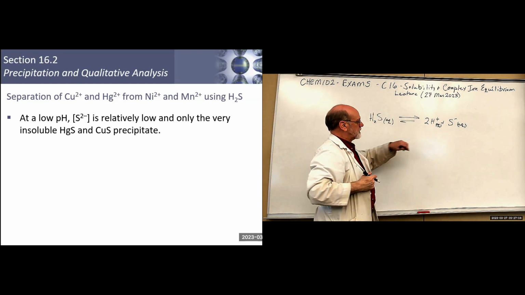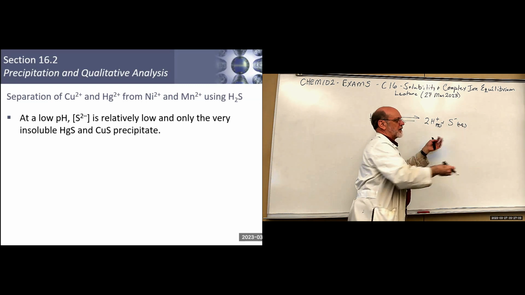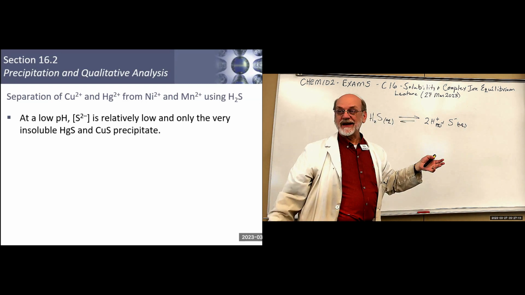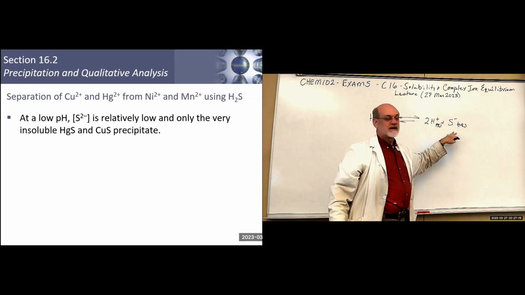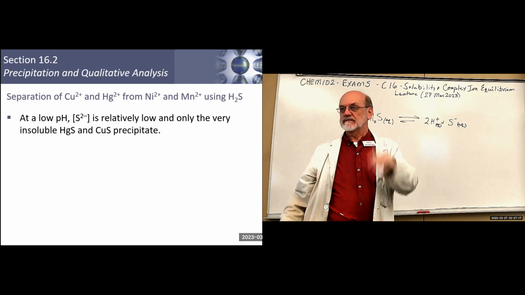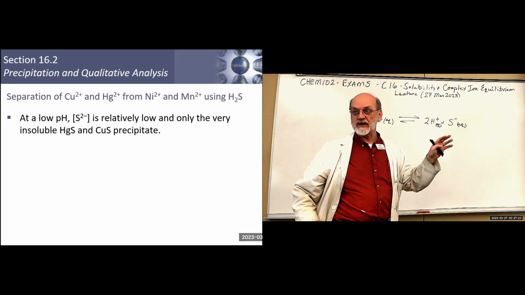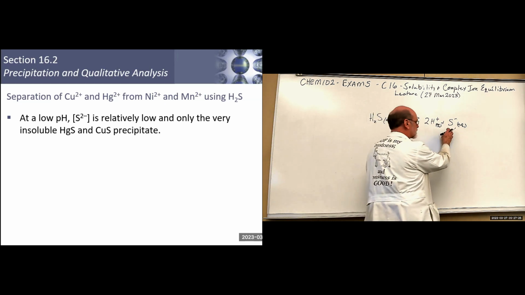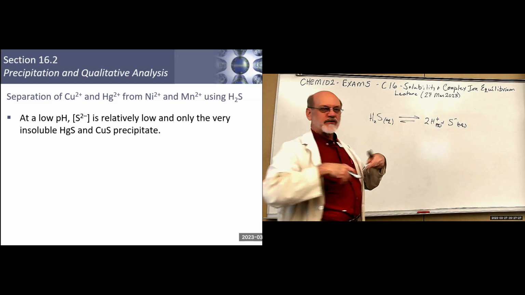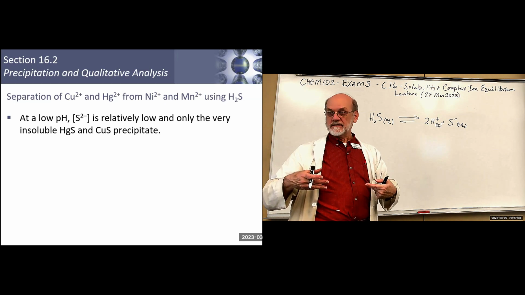It'll be a certain concentration here, but for our purposes it's too high, because with this much sulfide in solution, you would precipitate everything. All of these sulfides of those metals are insoluble. So what we want to do is decrease the amount of sulfide so that it'll take out the ones with the lowest solubility first.